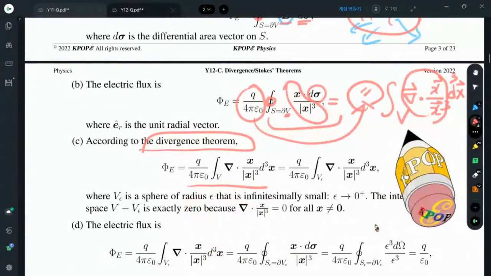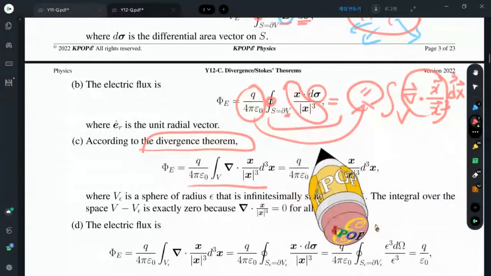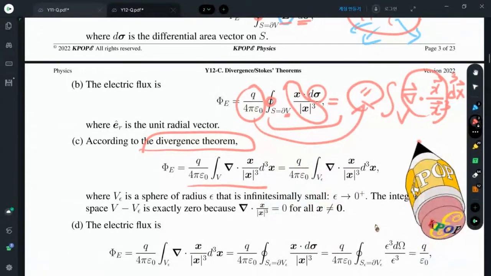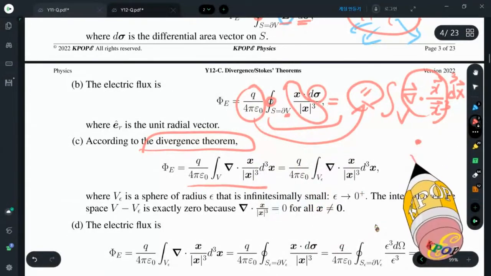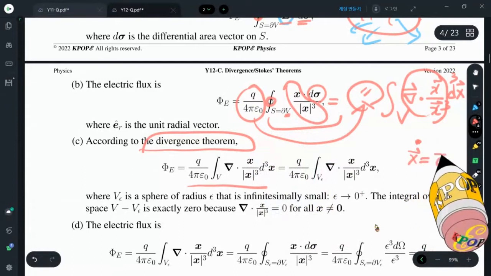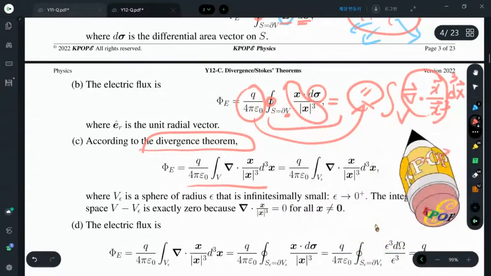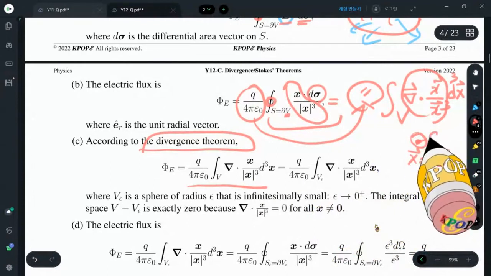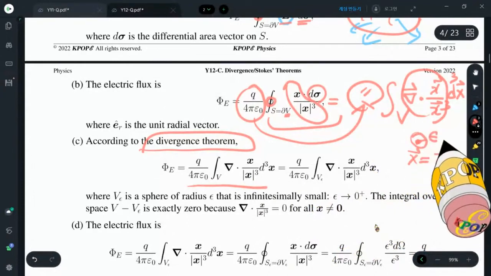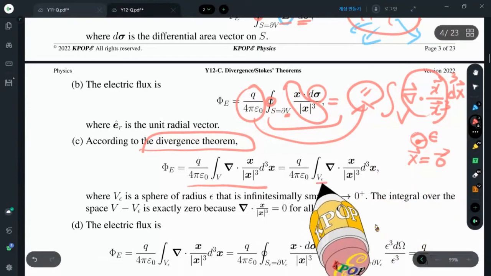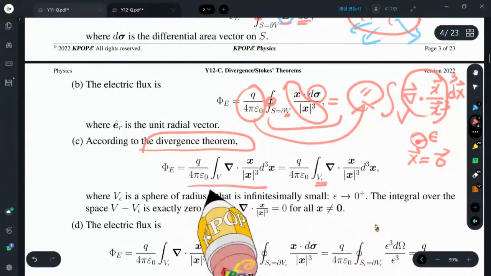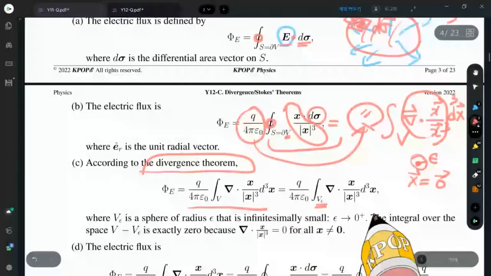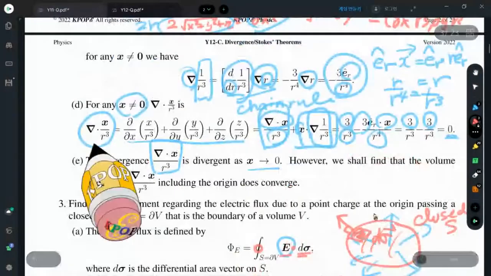Because the charge is at the origin in this problem, at x equals 0, I can shrink this volume very small. Why don't we introduce an infinitesimal radius epsilon, a very tiny volume? This integral is 0 everywhere because why?